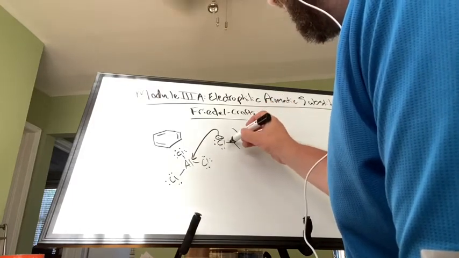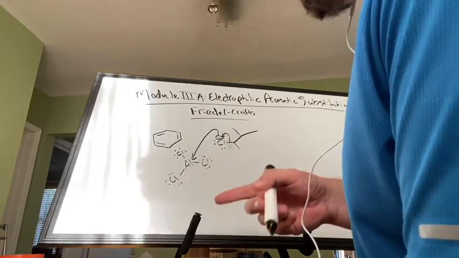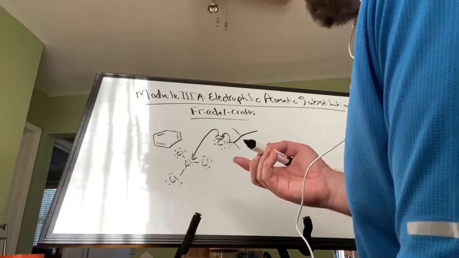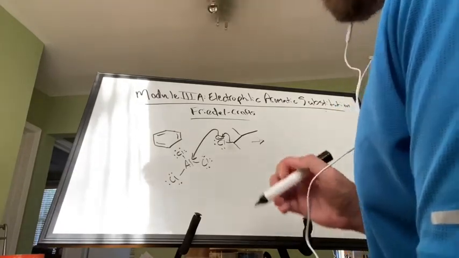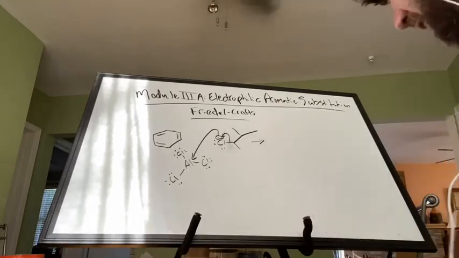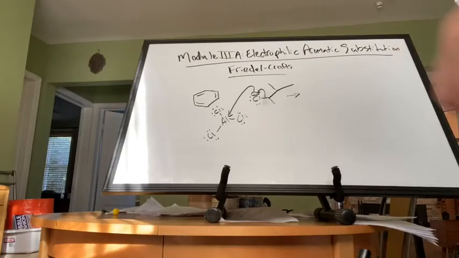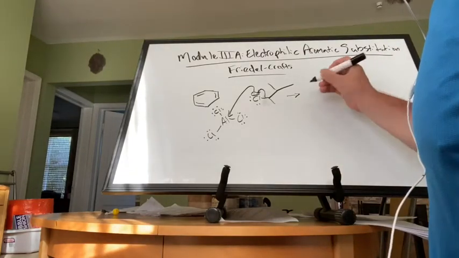a positively charged carbocation. So it almost like initiates a heterolysis, okay? Sort of like what you saw with your SN1 reactions from last semester. Okay, so that's the first step. We have our carbocation.